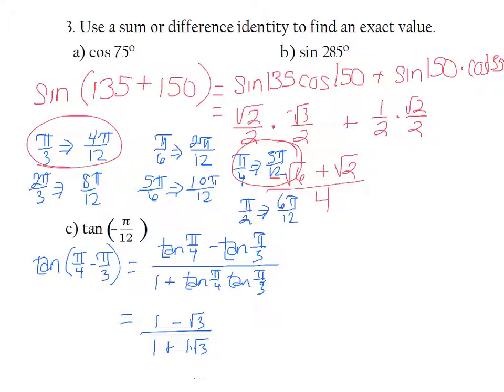Now, I'm not happy with this in the denominator because I don't like to have radicals in the denominator. I'm going to multiply by the conjugate. Remember doing this way back at the very beginning? Multiply by the conjugate. The conjugate always multiplies nicely because I'm going to FOIL that.